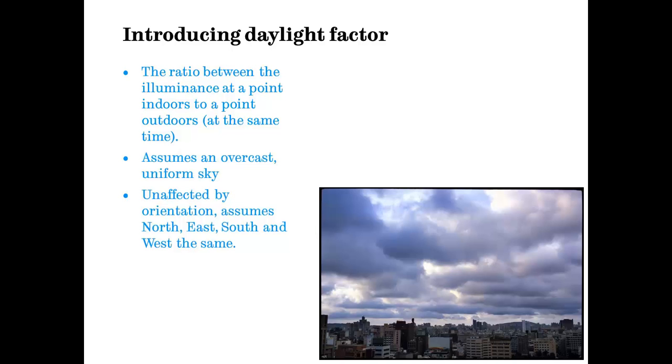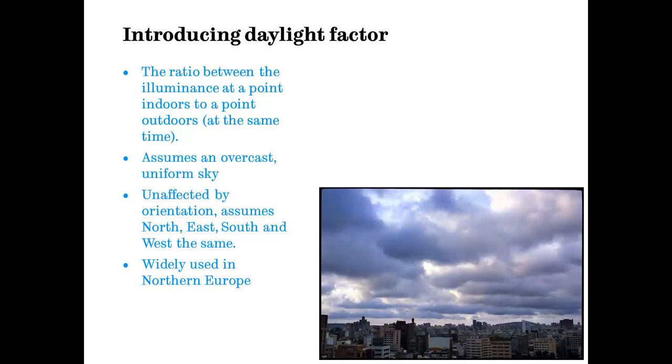Now you may think that's a really strange assumption to make, but the reason that the daylight factor has proven so useful is because, as I said, in the UK, 80% of the time we have an overcast sky, and the illuminance level in the south, north, east or west is actually very similar under an overcast sky. So this gives a very reasonable approximation of that sky condition.